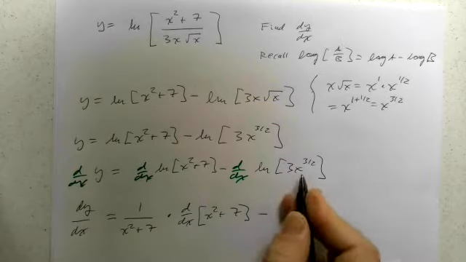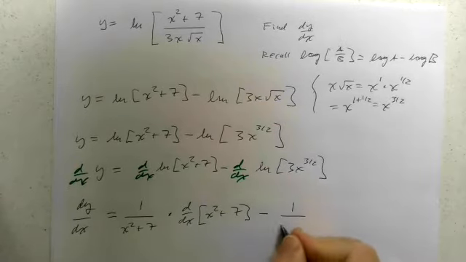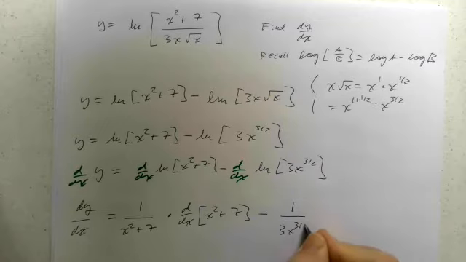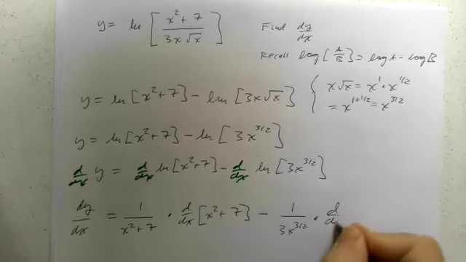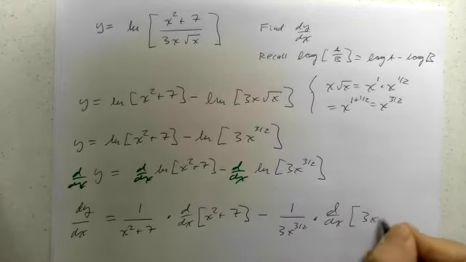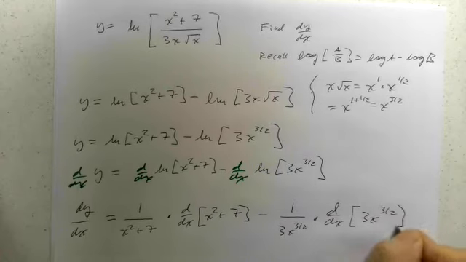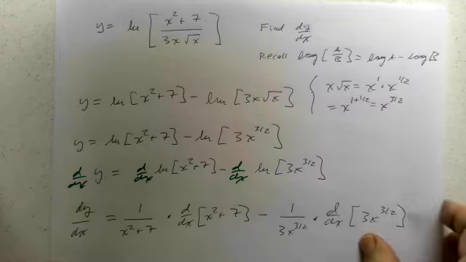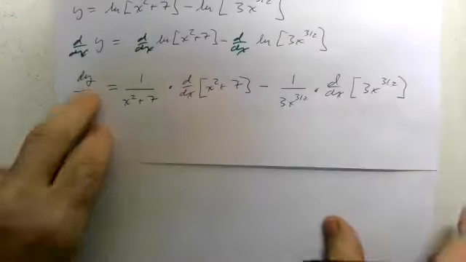Minus the derivative of the log of something is 1 over the something times the derivative of that something. So here's our ideas. And what do we get? What happens next here?